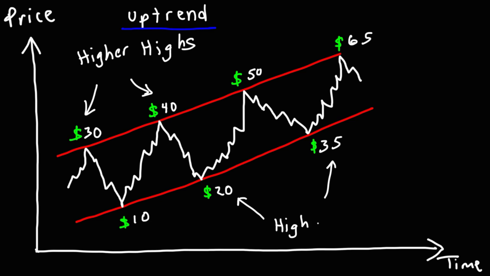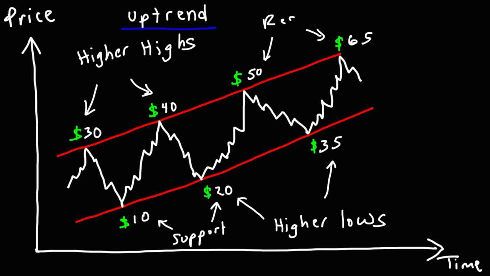So whenever you see that, whenever a stock makes higher highs and higher lows, that tells you that the stock is in an uptrend. So this represents an area of support, and here we have areas of resistance.